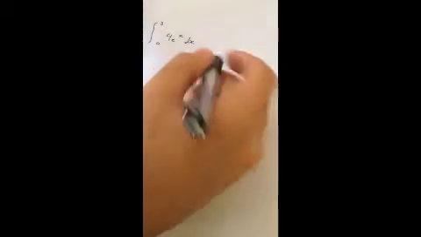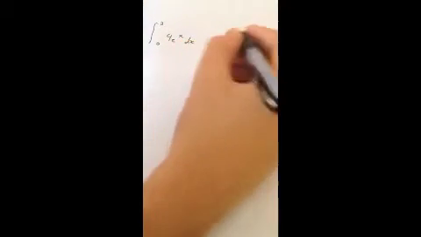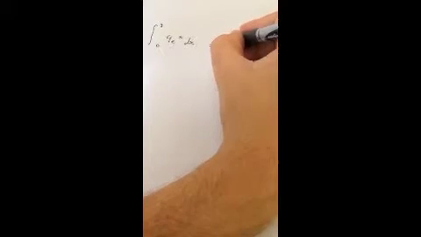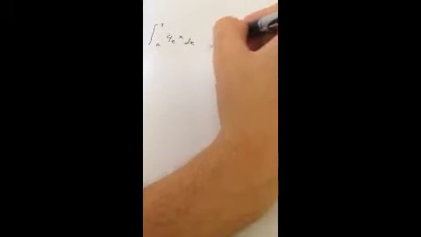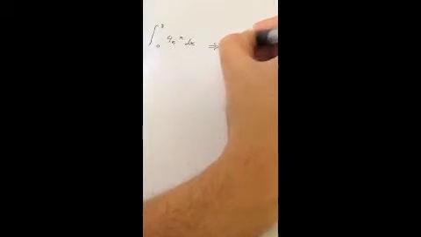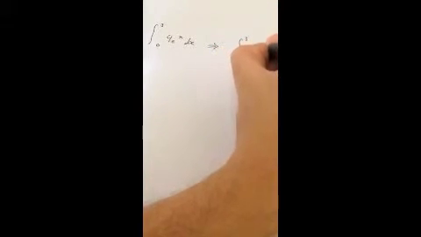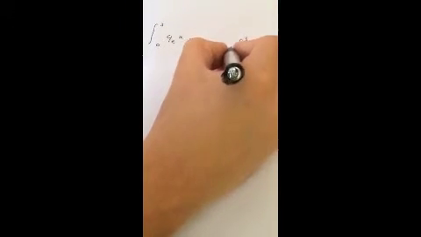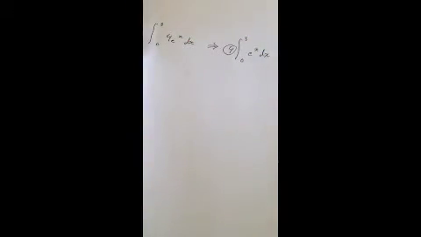Now, the next question is the integral from 0 to 3 of 4e to the power of x with respect to dx. What we do in this situation is write the same integral with the 4 on the outside, because 4 is merely a constant.